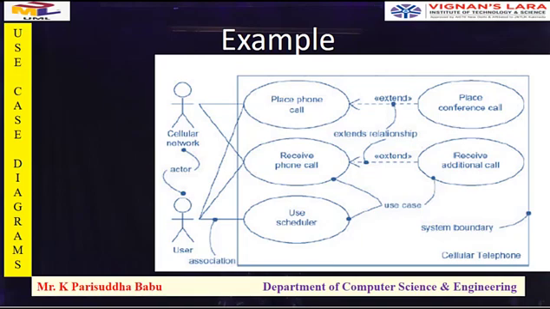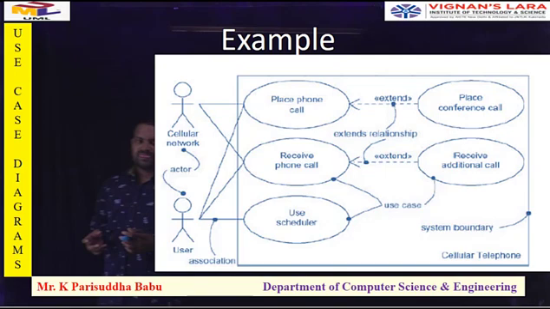Receiving a phone call is another use case, and use scheduler is another use case. These are the main use cases. There are also place conference call and receive additional call.